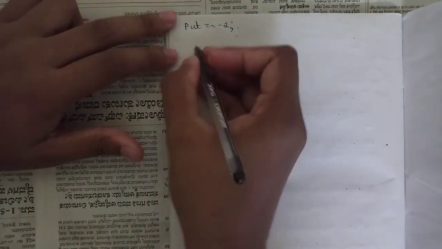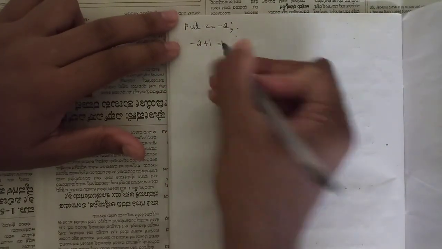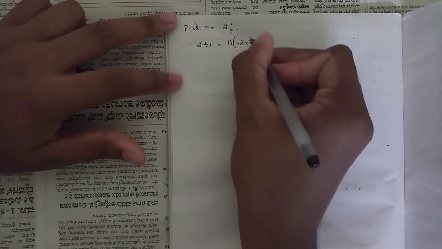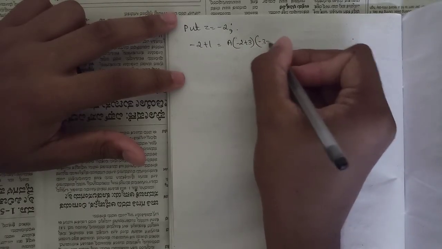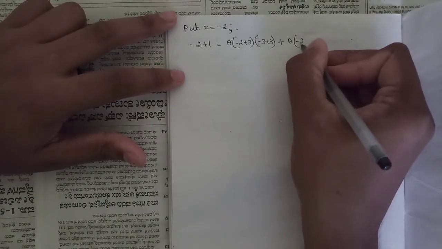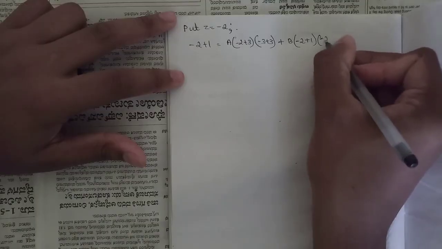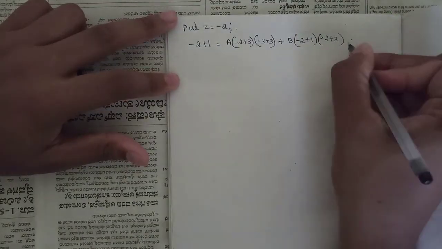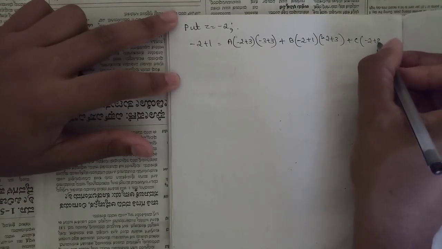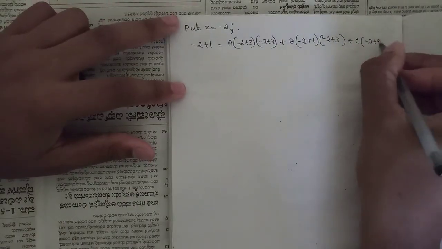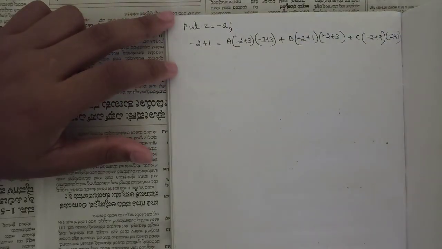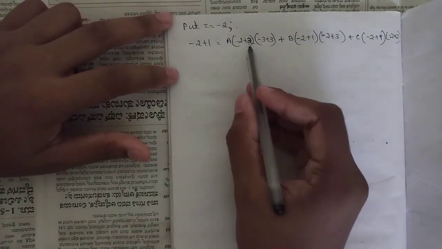So the following equation becomes minus 2 plus 1 equal to a into minus 2 plus 3 minus 3 plus 3 plus b into minus 2 plus 1 minus 2 plus 3 plus c into minus 2 plus 1 into minus 2 plus 2. So this is equal to 2, okay.